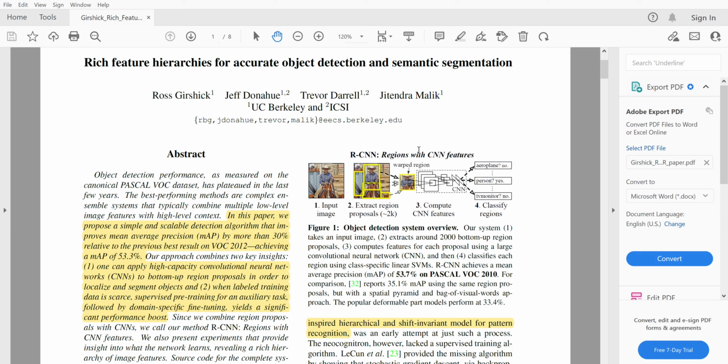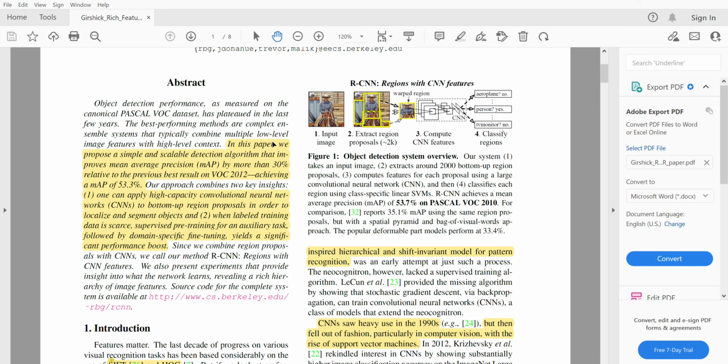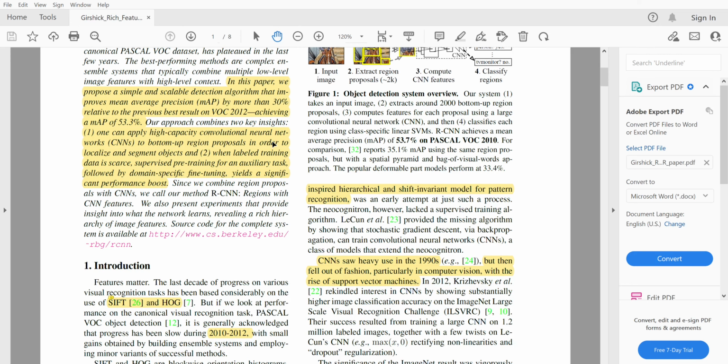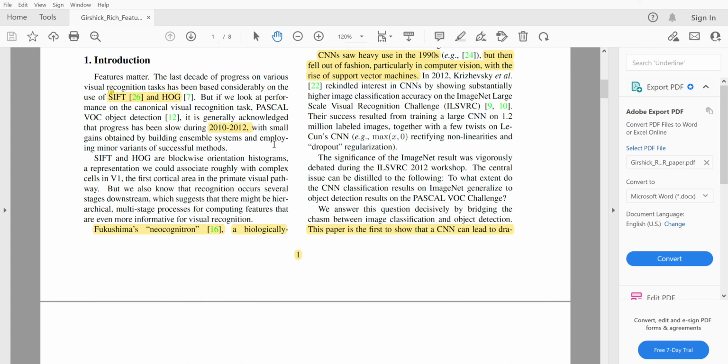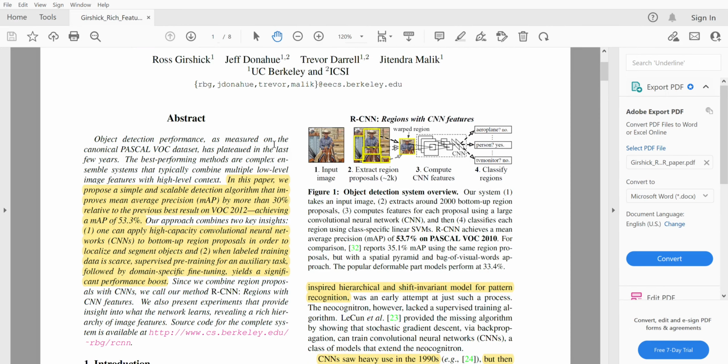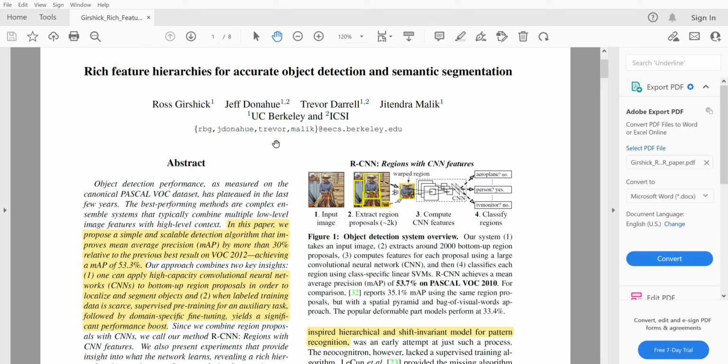This paper is written by Ross Girshick, and these are the other authors, based at Berkeley University. We're going to see what is written in this paper, and we're going to understand what the key objective was, what the methodology of this paper was, how the algorithm of this paper actually works, and we're going to look at each and every aspect of the paper.